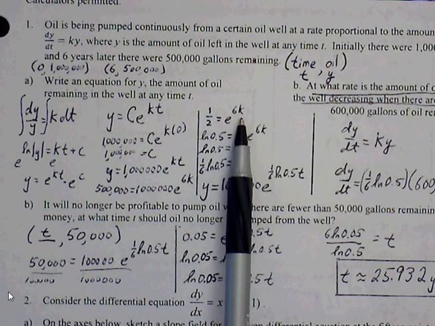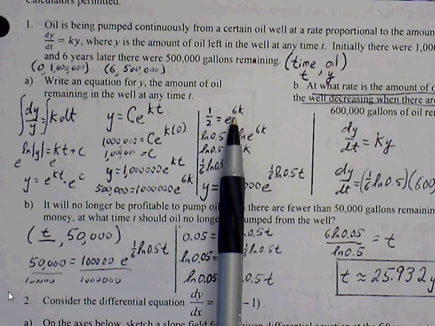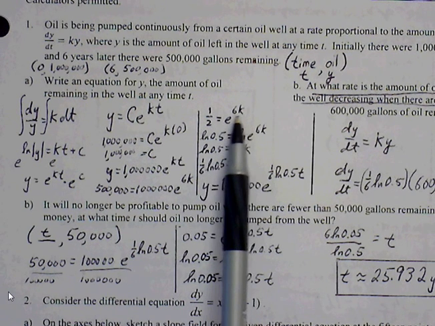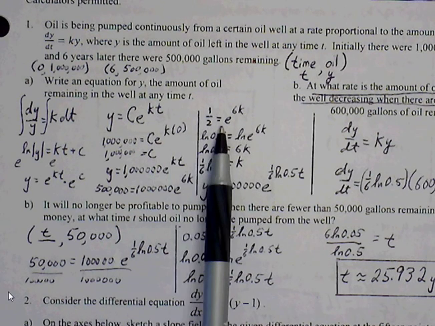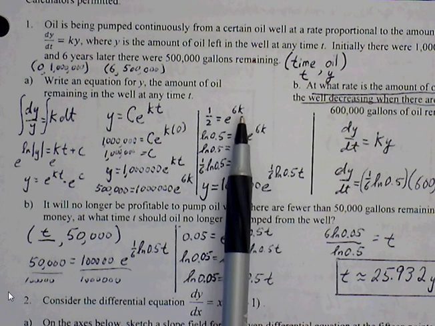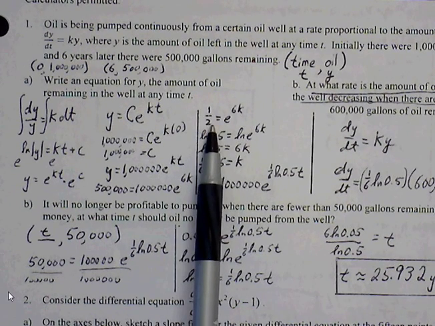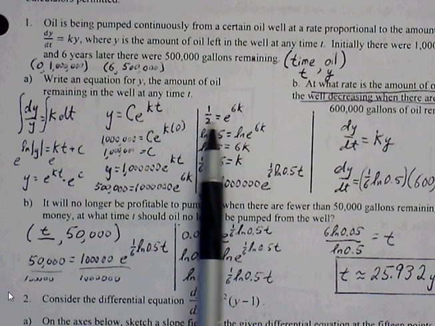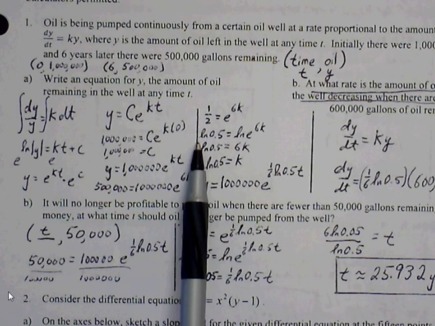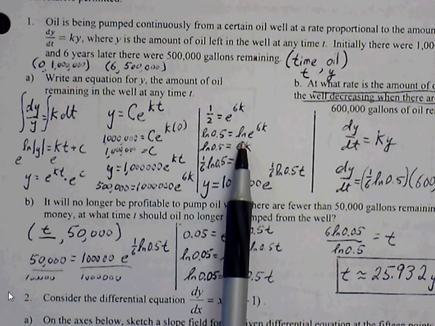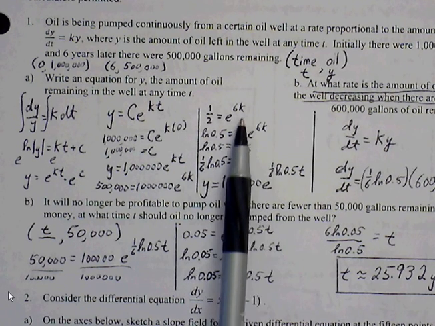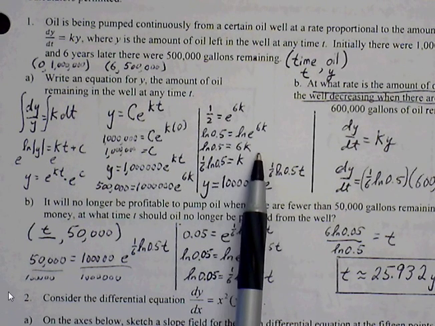We want to bring down this k. It's sitting up as an exponent, so we can introduce logs to both sides of the equation, and that way we can use the power property to bring that 6k down. I'm going to rewrite 1/2 as 0.5. So take the log of both sides: ln 0.5 = ln e^(6k). Bring down that 6k, and the natural log of e drops out.